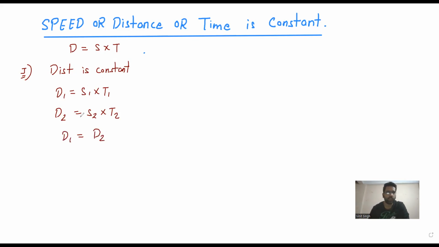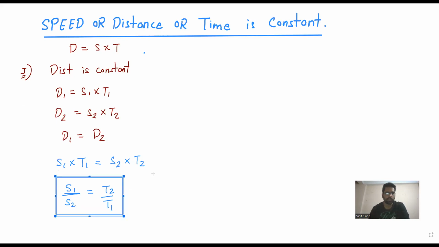If d1 is equal to d2, then s1 into t1 is equal to s2 into t2. Here we can write s1 upon s2 is equal to t2 upon t1. Clear?